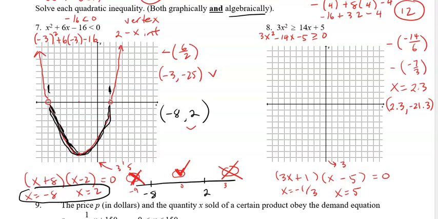So I should be over here. All right, that looks better. Negative 1/3, positive 5. And these are going to be solid circles in this case because it says or equal to.